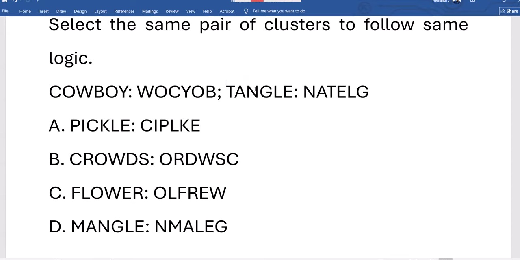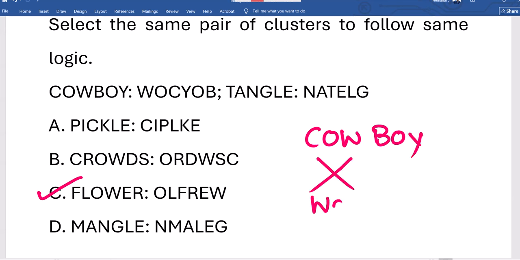You have two pairs. Understand the logic, then check which of the options is similar to that. So what's the logic? The first three letters and the next three letters are swapping. So WOC, here YOB, swapping, right?